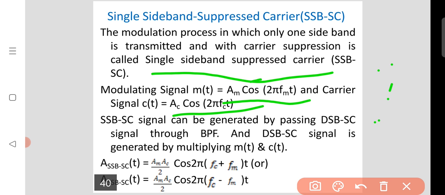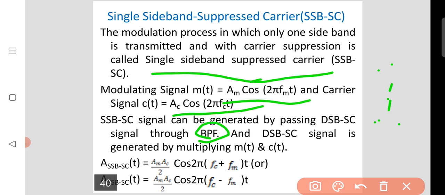That DSBSC signal passes through the band pass filter. You just remember this simple technique: you generate the DSBSC, then that DSB signal is fed to the band pass filter. The band pass filter eliminates one band and passes a single band.